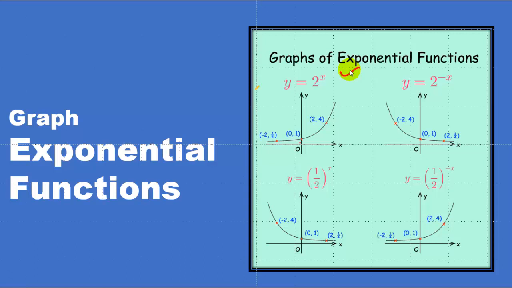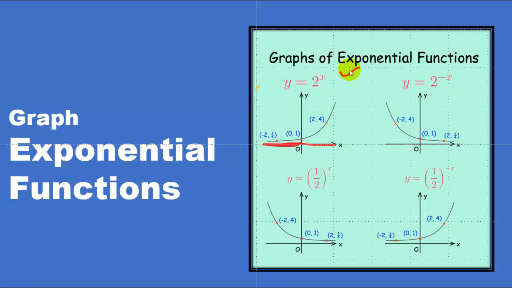If x is negative, the graph is above the x-axis. If x is positive, it is still above the x-axis. So whether x is positive or negative, the graph of the function is always above the x-axis. And students, you know that the region above the x-axis always has positive values. So it means that the exponential function value will always be positive.